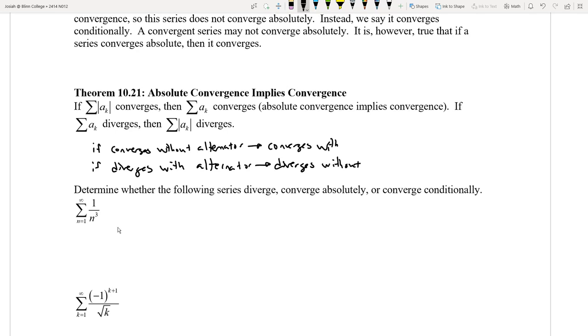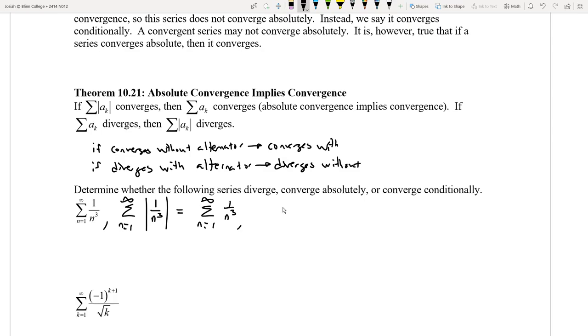So we'll take this one and apply an absolute value to it. In this case, there is no alternator, so it's just the original series again.